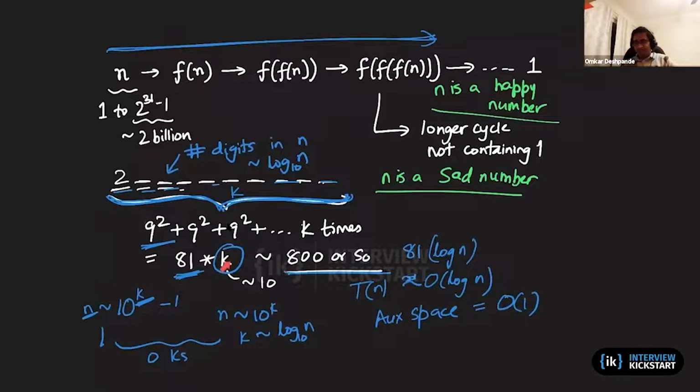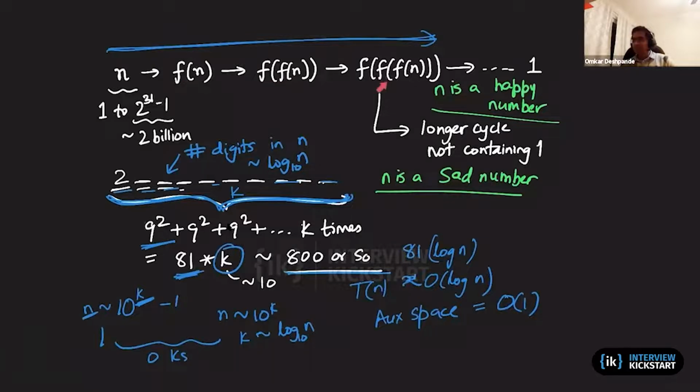And if the number of digits is log n, that means we'll have roughly 81 times log n as the maximum possible value that any of these numbers can have.